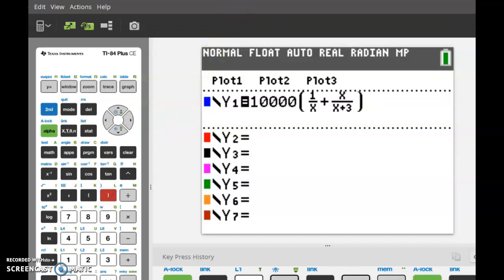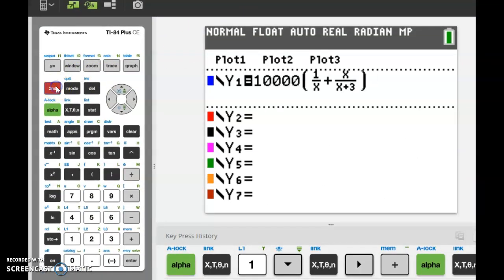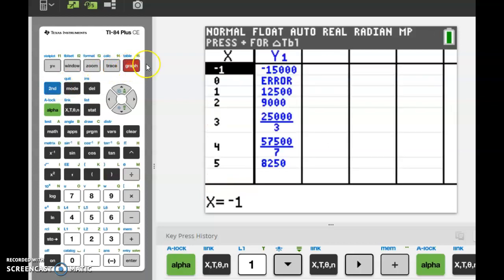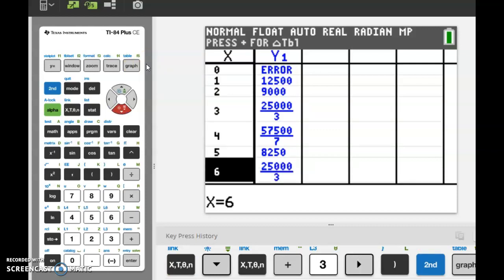And you don't need to go to the graph of that. But what I'm going to do now, it would be faster if I just go to the table. And when x is 3, I get 25,000 over 3. And at x equals 6, I get the same value, 25,000 over 3.